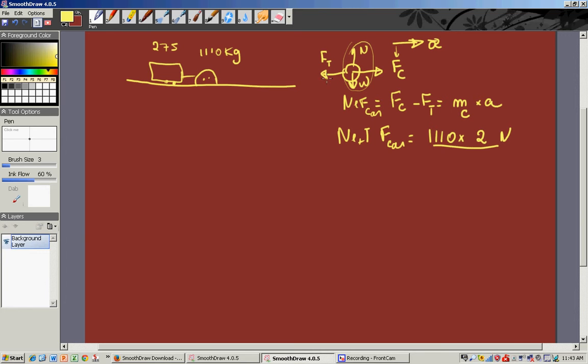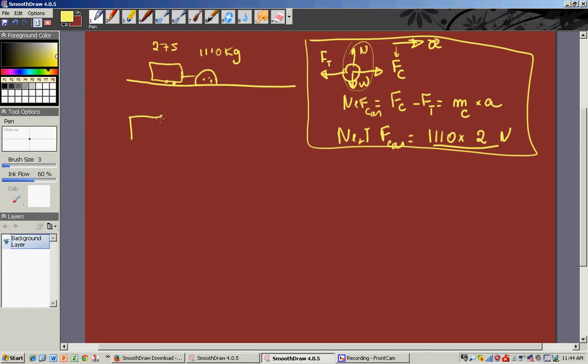So the net is going to be the pulling force, which is driven by the engine, minus the tension force, or the force the wagon, the trailer, exerts on the car by retarding its motion. And the net force is equal to the mass of the object you're studying times acceleration. Okay.